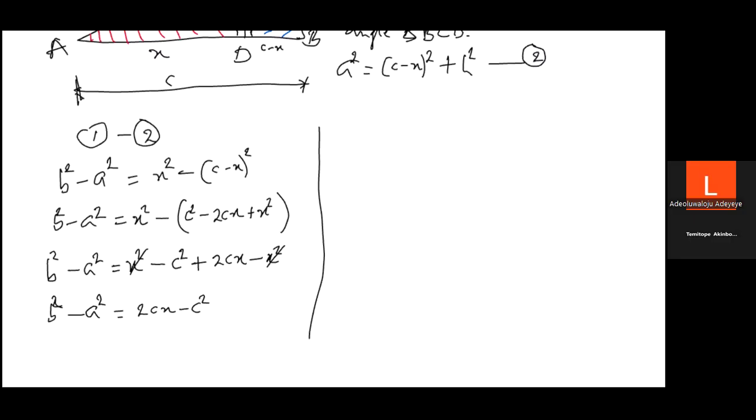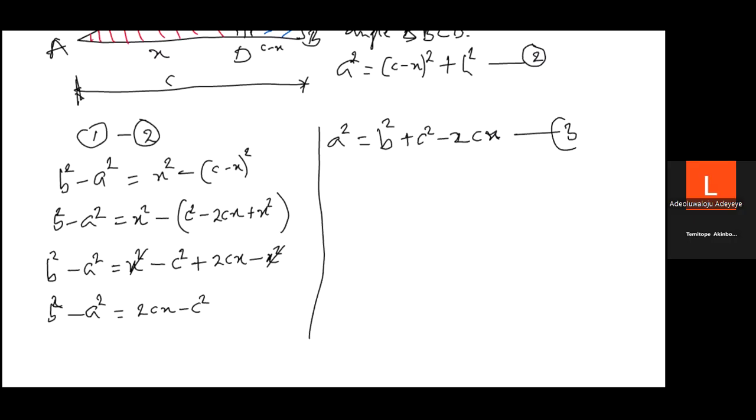So you have a squared equals b squared plus c squared minus 2cx. Do you agree with that? Yes, sir. Okay, let's call this equation 3.